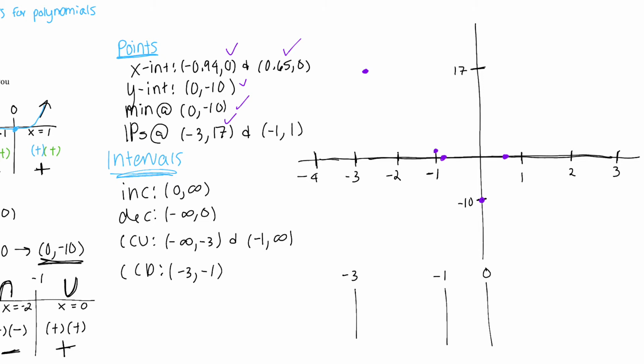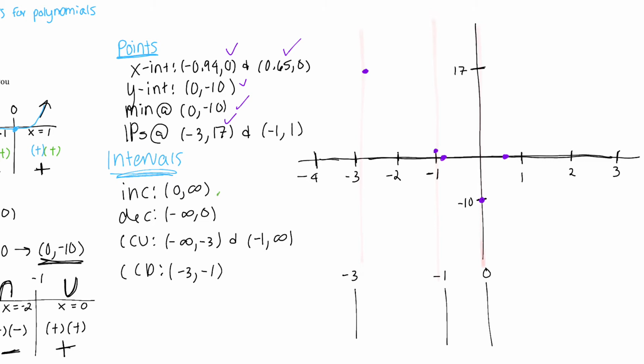I'm going to make myself some really light lines just to help me draw my graph. So I know that something changes at those points. Those aren't asymptotes. They're just the lightest of light lines to let me know that something happens there when I'm drawing it.